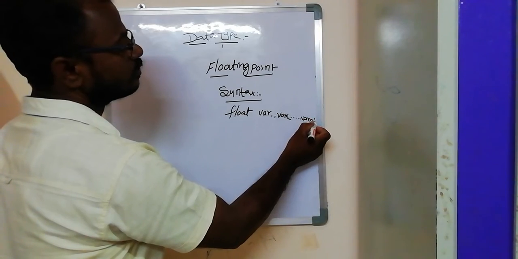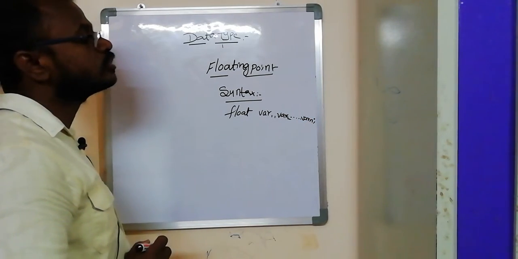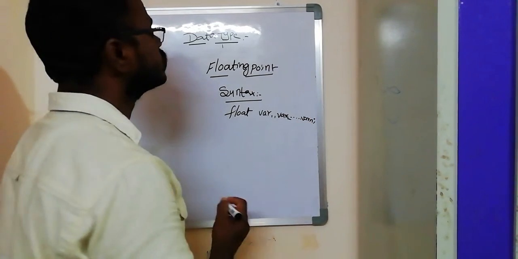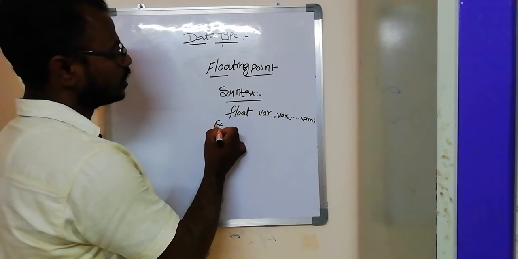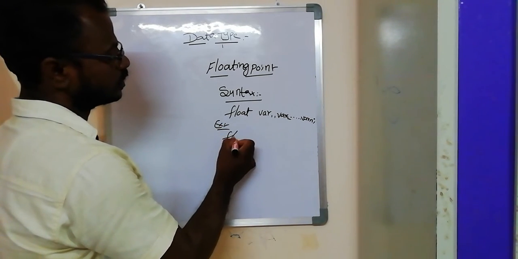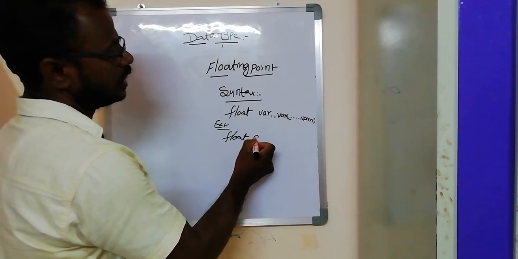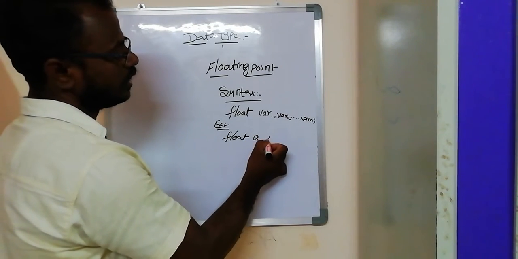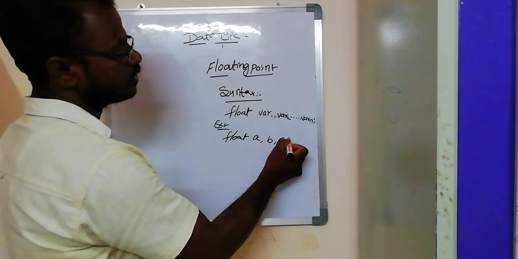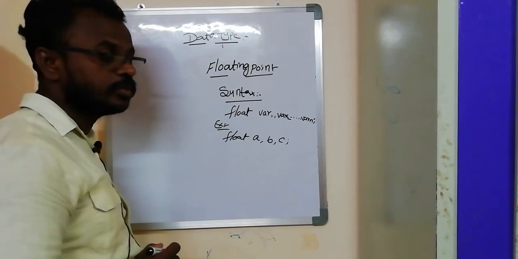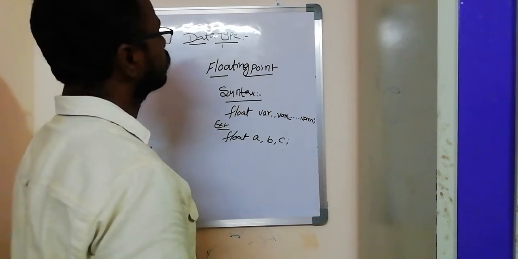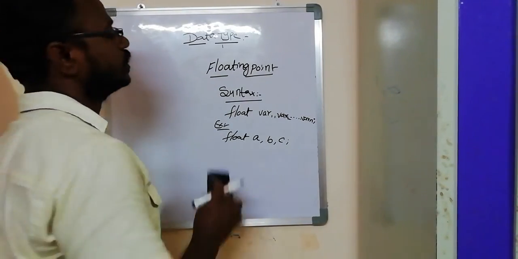After completion of the declaration, the statement must be terminated with a semicolon. Similarly, an example of float: one variable a, another variable b, another variable c, and the statement ends with a semicolon. This is the floating point.